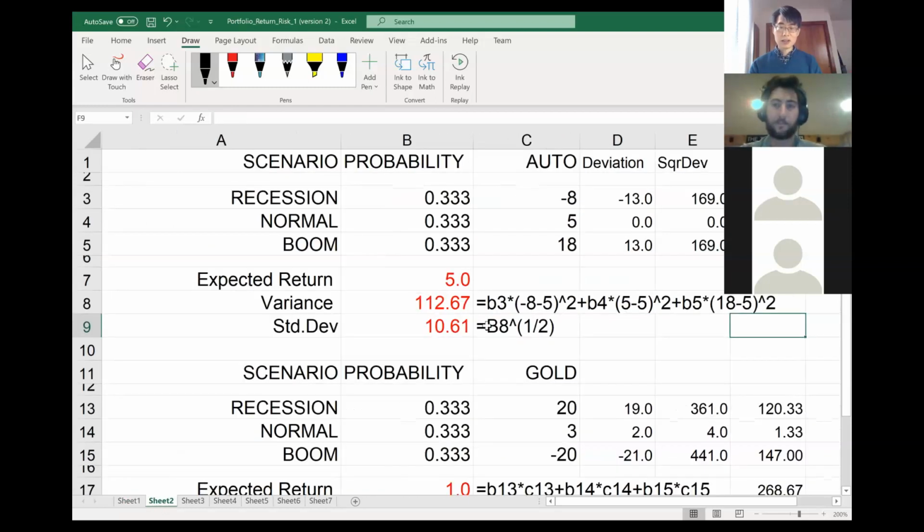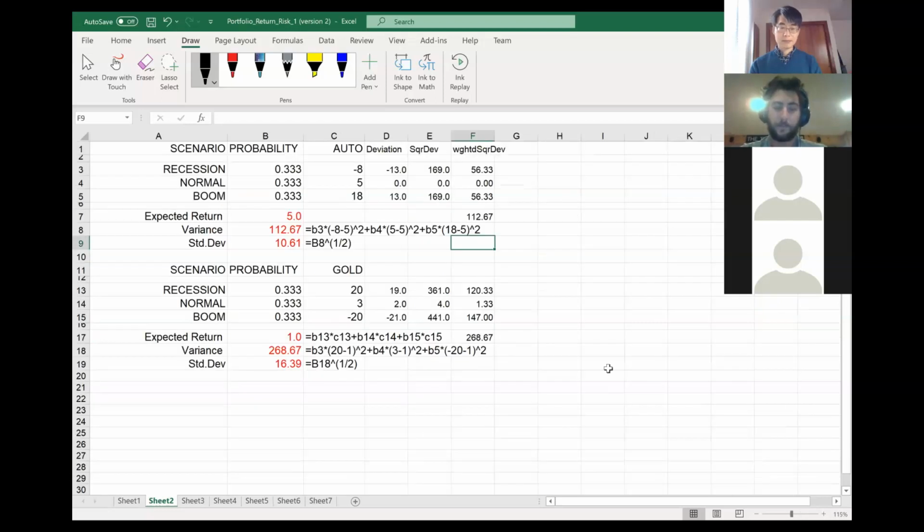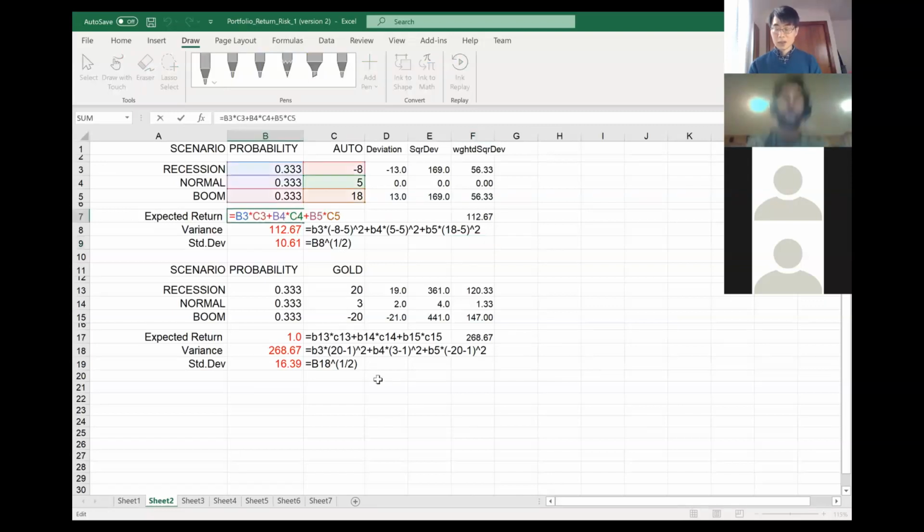So when you click the next tab, right, we can easily calculate the expected return.